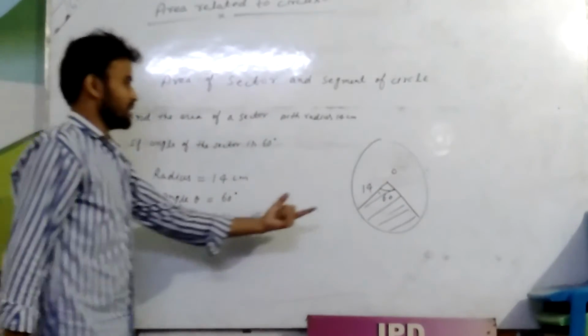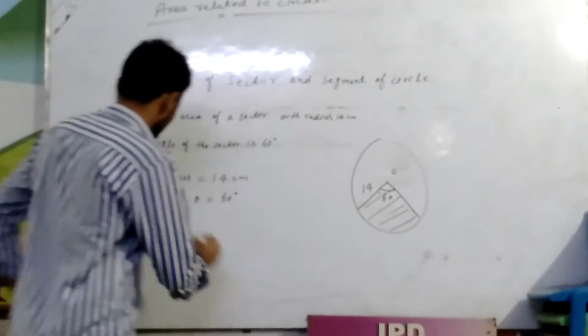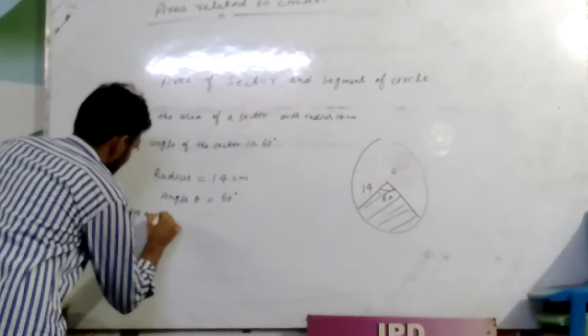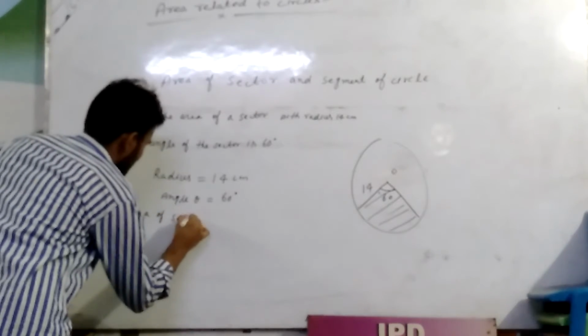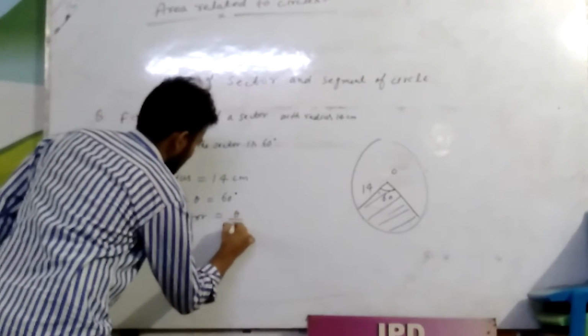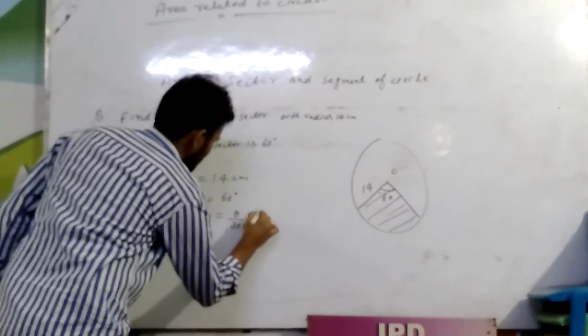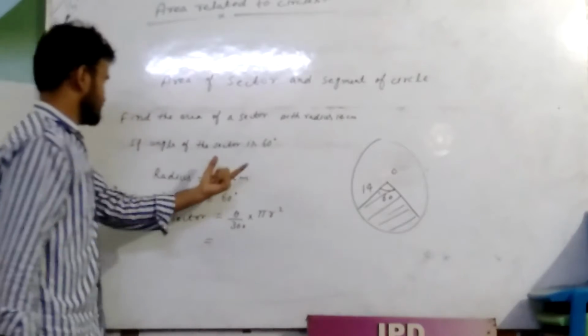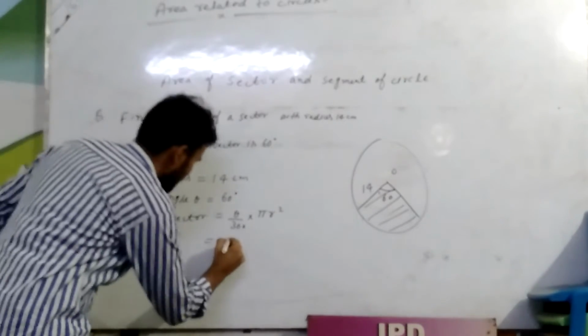We know the formula of the area of a sector is equal to theta upon 360 into pi r square. Theta is given as 60 degrees.